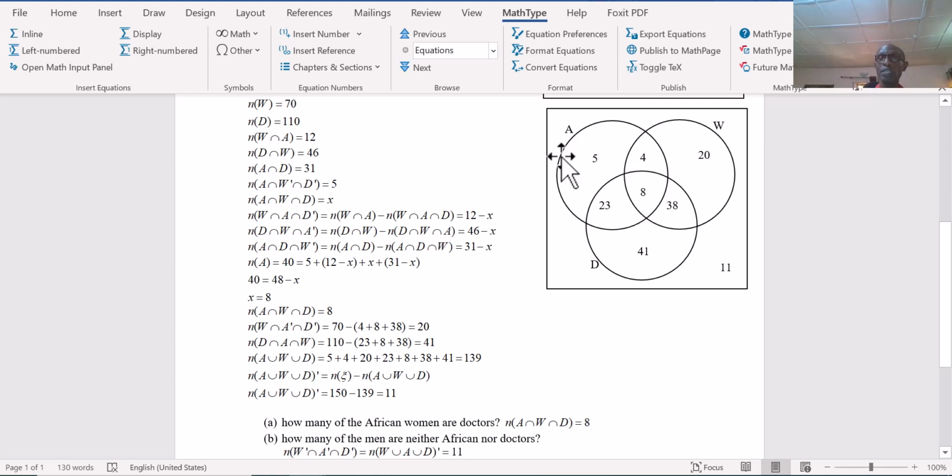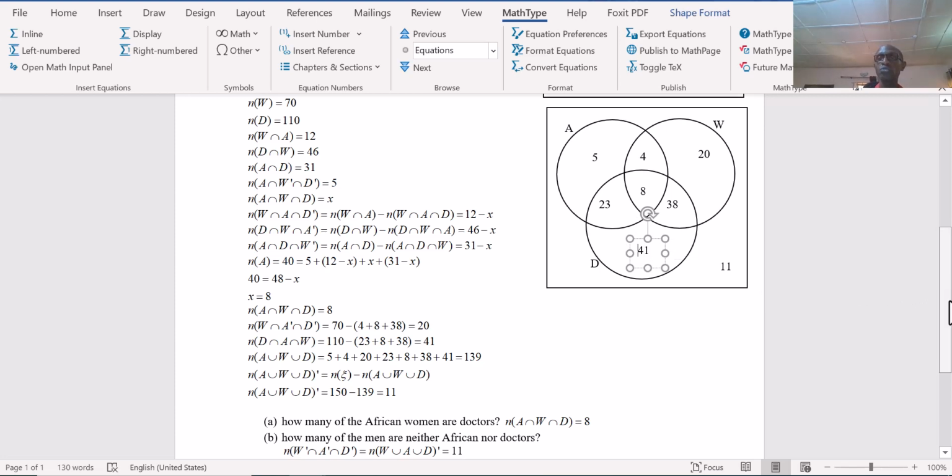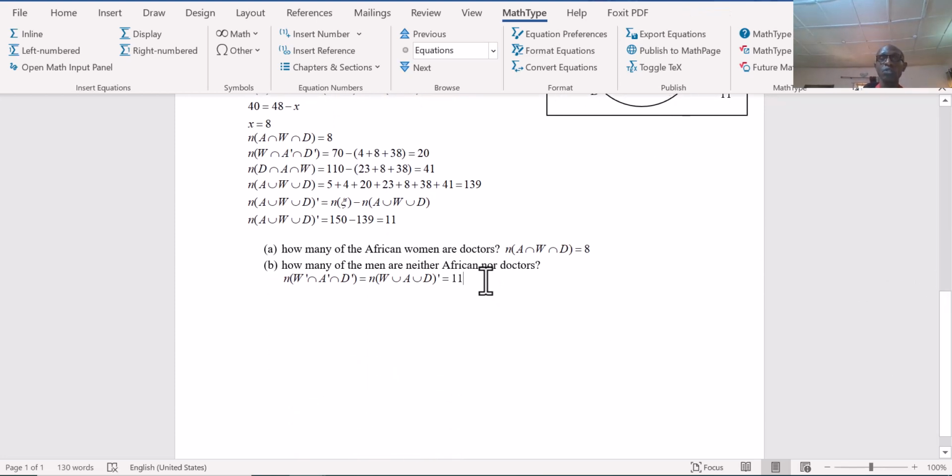They are not in A, they are not in W, and they are not in this place. So we got that to be 11. So that is the answers to the questions we are asked to solve. So that's the solution to the questions.